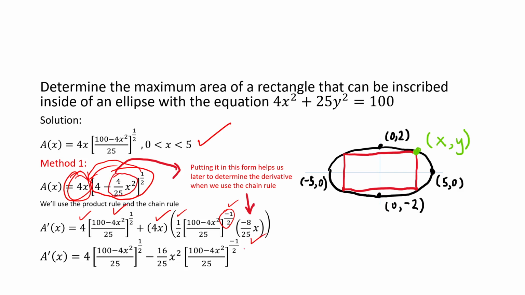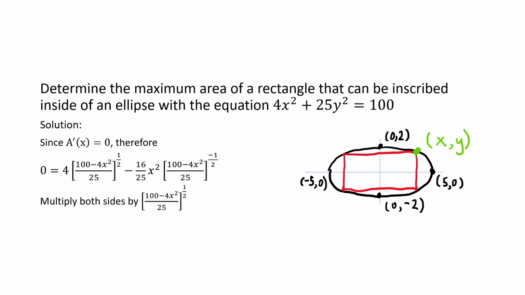Okay? And so we can say A prime of x is equal to, after simplifying a little bit, multiplying that negative 8 over 25x times 4x times 1/2, we get negative 16 over 25x squared, and we get that expression right there. Now we're going to set that whole expression equal to 0.